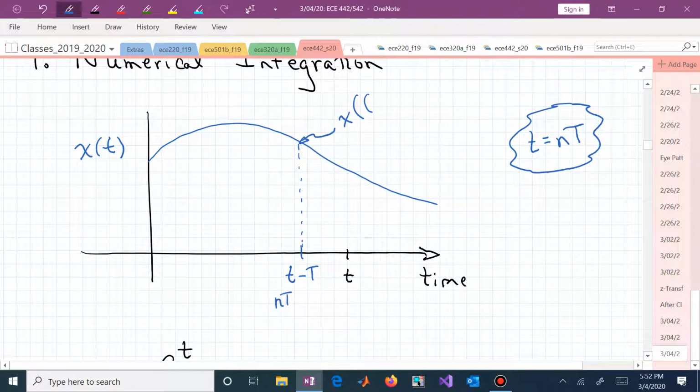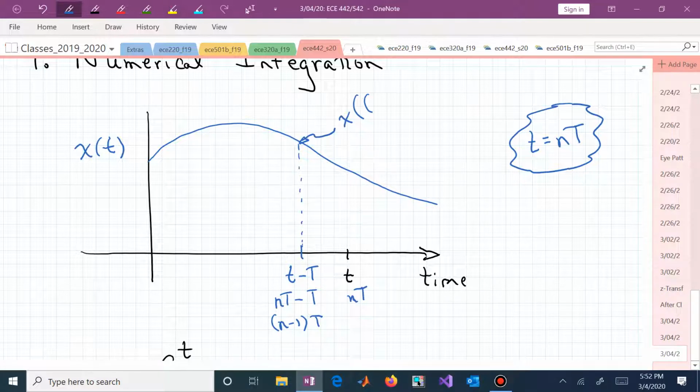We're saying this is nT minus T, but that we can say is n minus 1 times capital T. Or the next time in our discretization of the time axis, this point t is in fact what we will just label little n capital T. Now, that means that x at time little t minus capital T can be equivalently written as x at time n minus 1 capital T.